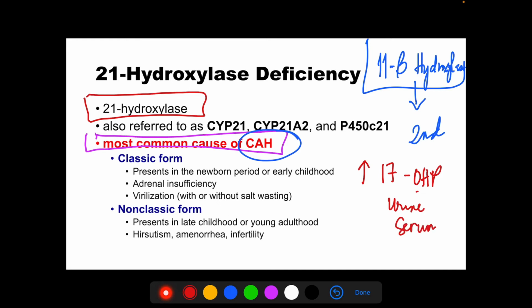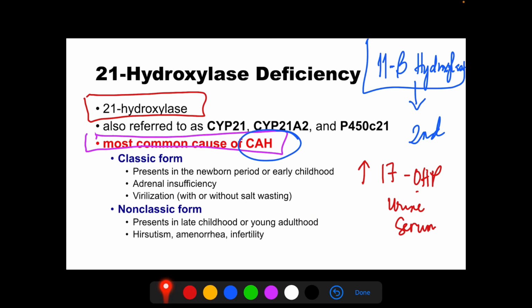So that's one of the features of the 21-hydroxylase deficiency. And also, the classic form presents in the newborn period or early childhood, as opposed to the non-classic form, which presents in late childhood or young adulthood.